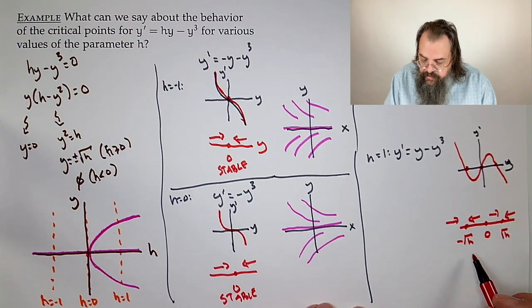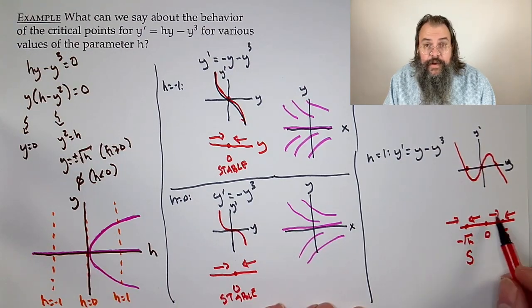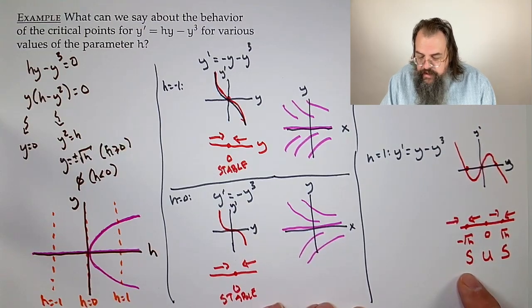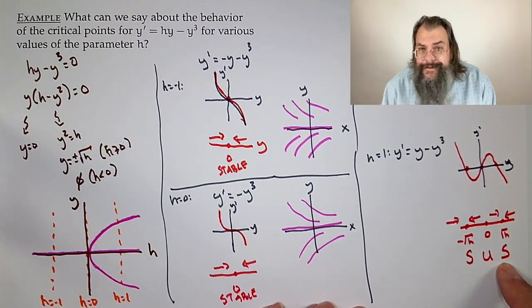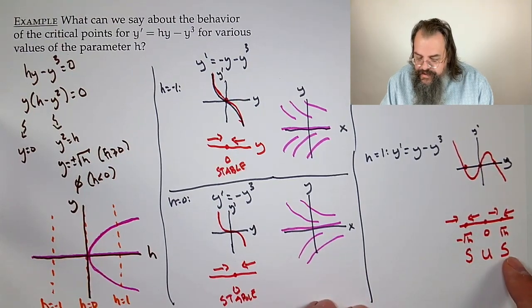And we can go through and mark these. So the minus root h is stable. I'll write that as an S. The 0, well, we're moving away on both sides, so unstable. And positive root h is back to being stable. So it's very sus, you might say. All right, stable, unstable, stable.